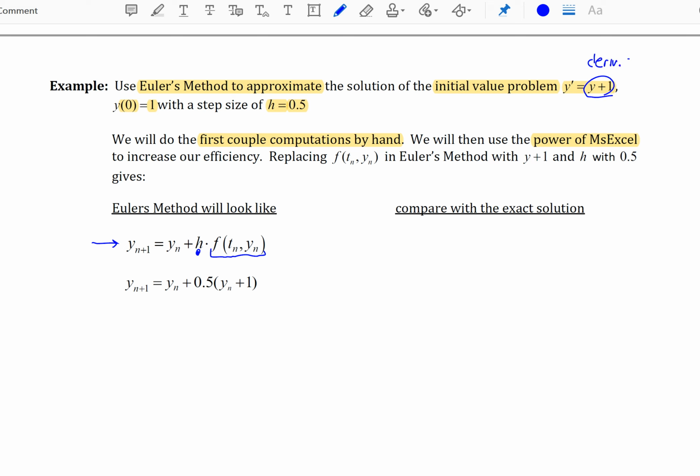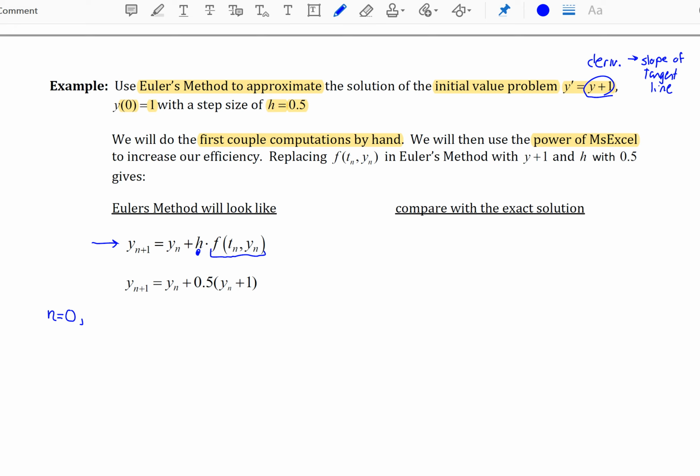Remember, the derivative tells us the slope of our tangent line. So to use our formula, we'll create our first iteration by letting n equal 0.